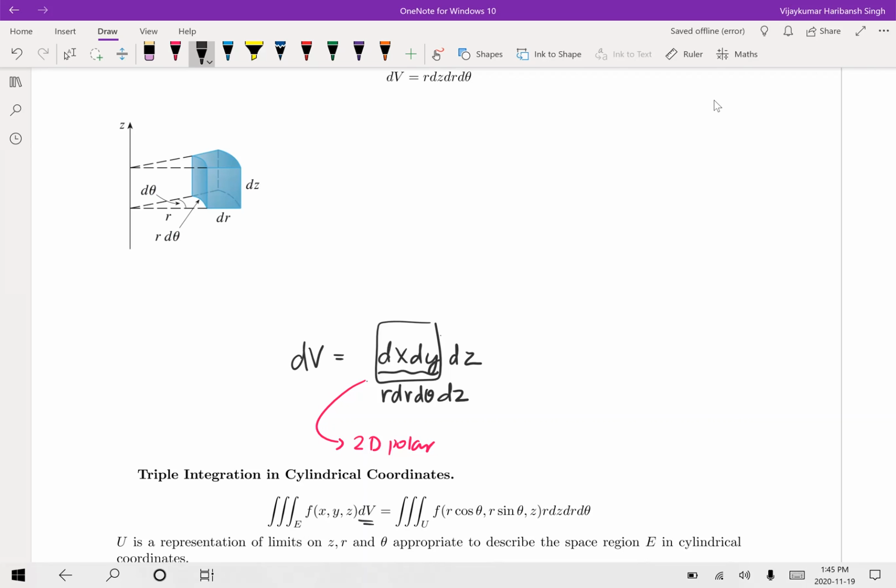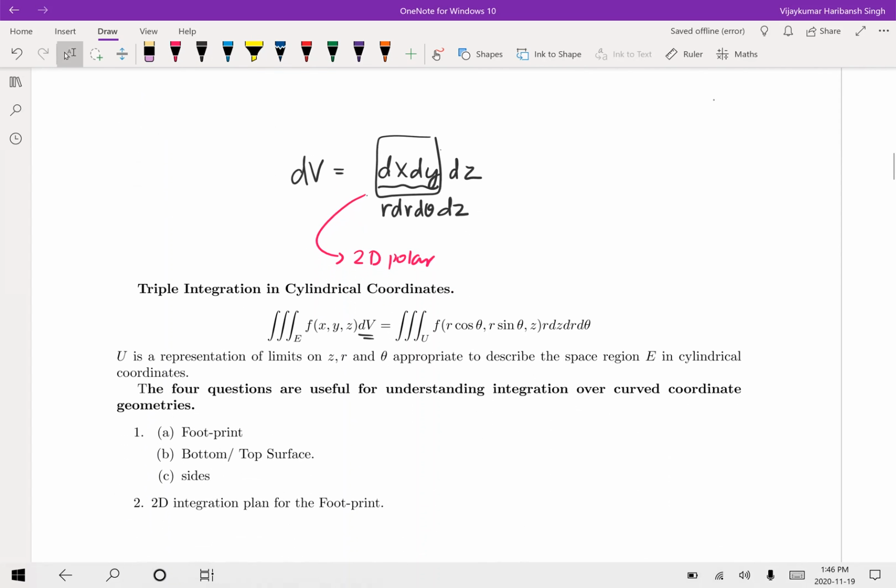Notice that we are approximating our volume by pieces of cylinder like this. The area of this sector we have already seen is r dr d theta, and this is dz. So when you multiply it out, you get the whole volume element.